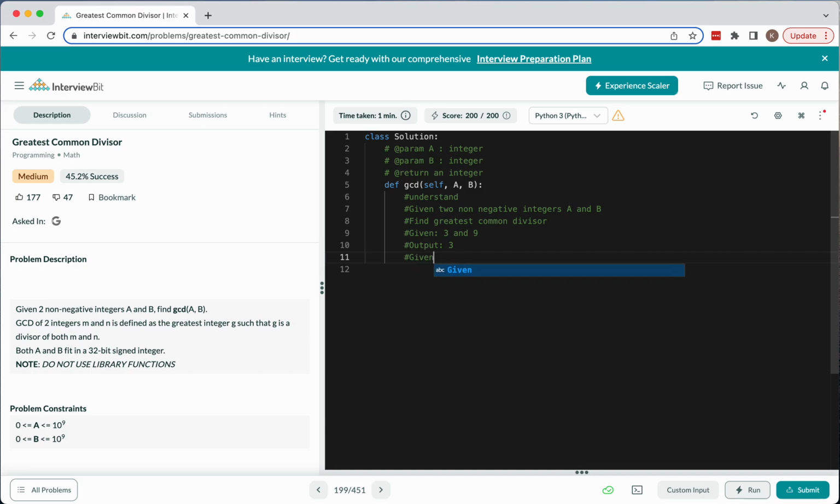For given 4 and 16, we would output 4. And then 5 and 25. Or I could put something like 0 and 0. It would output 0.